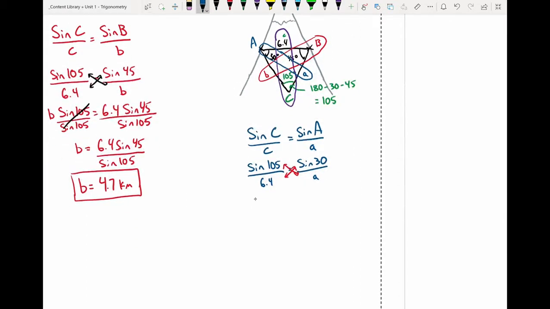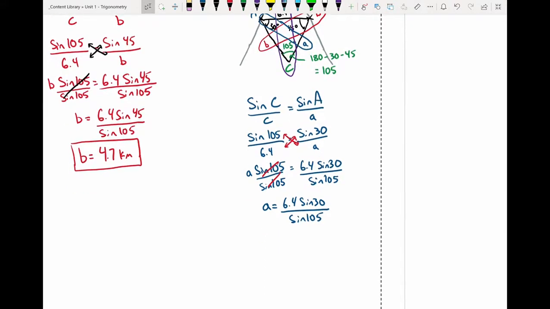So cross multiply, a sine 105 equals 6.4 times sine 30, divide both sides by sine 105, and a equals 6.4 times sine 30 divided by sine 105.